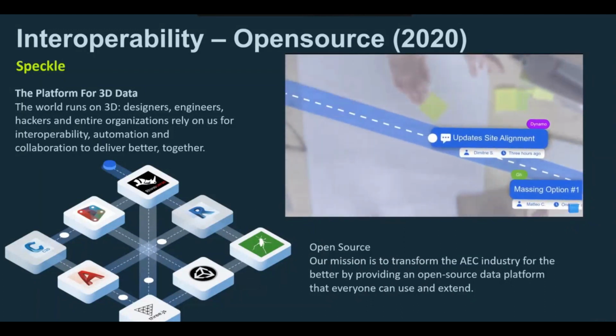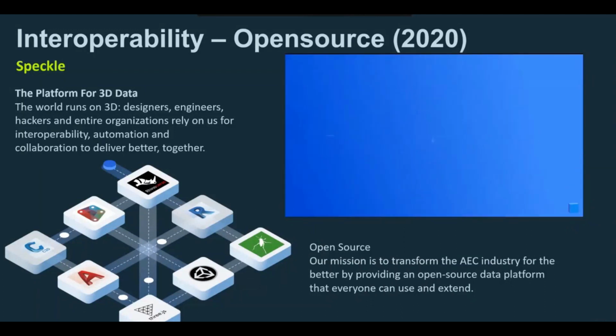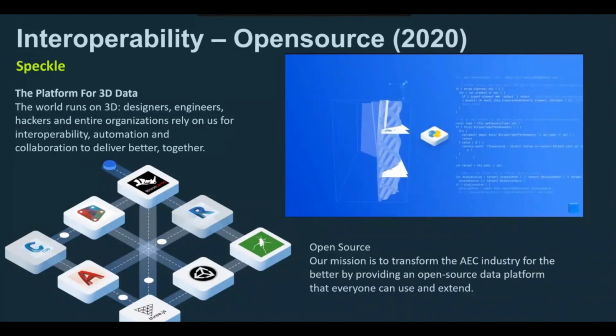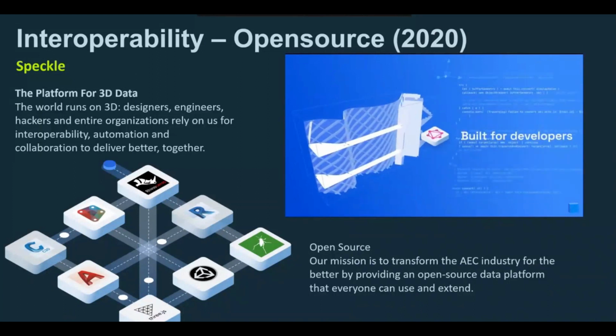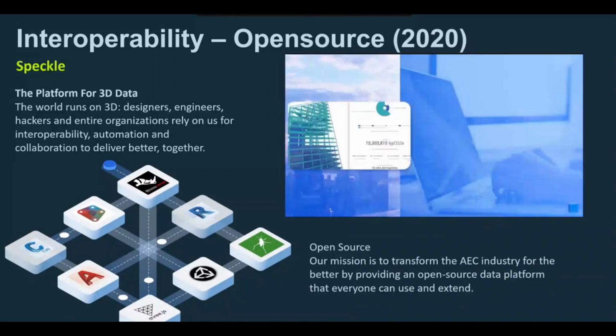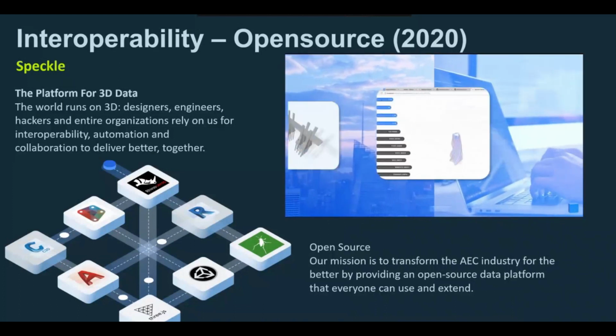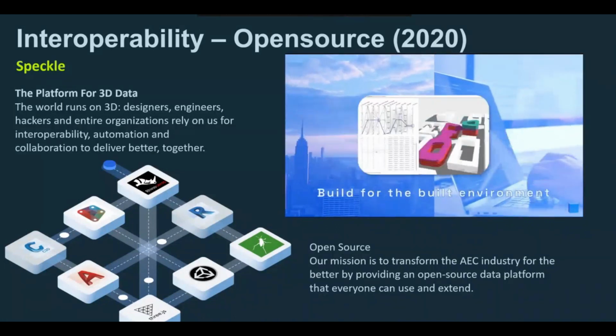Curate your project changes while staying up to date with real-time notifications, and visualize your models on the go from any browser or mobile device. Or dive deep with our developer-friendly APIs and SDKs. We're Speckle, we're open source, empowering you to build the next generation of apps, tools, and workflows for AEC.